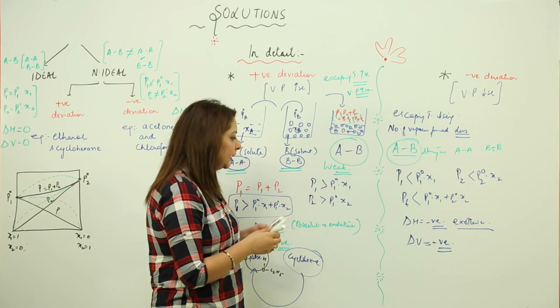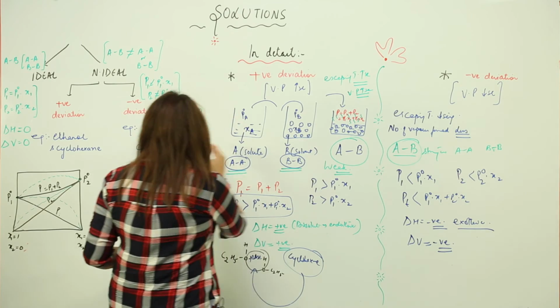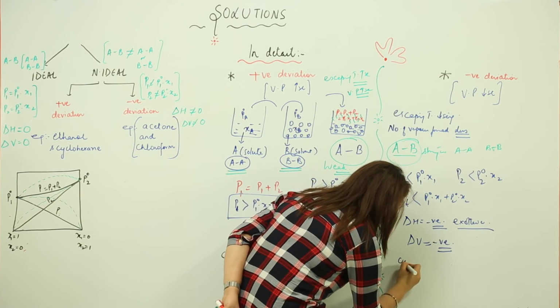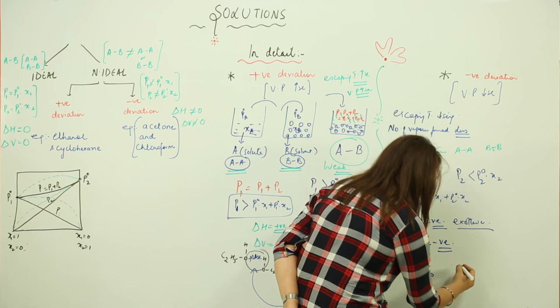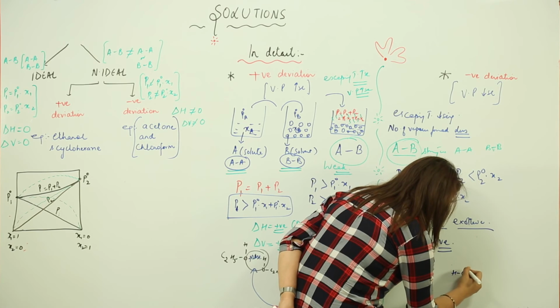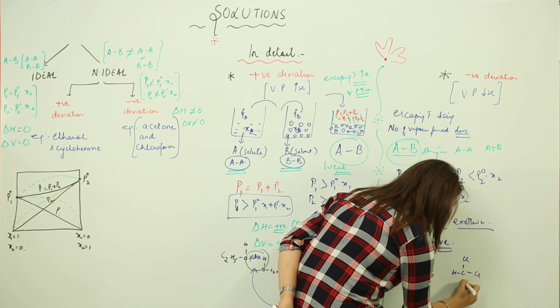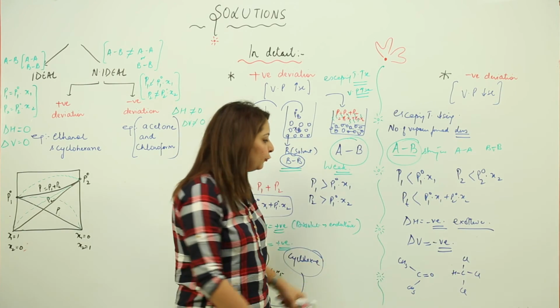And as an example, as I told you, I am illustrating acetone and chloroform. You know that acetone is this and chloroform is this. So what happens when you mix acetone with chloroform?